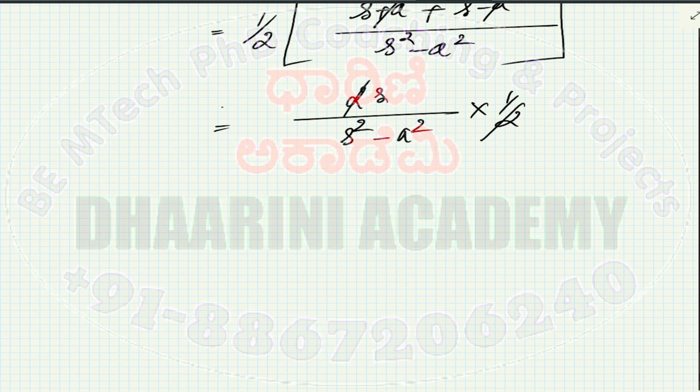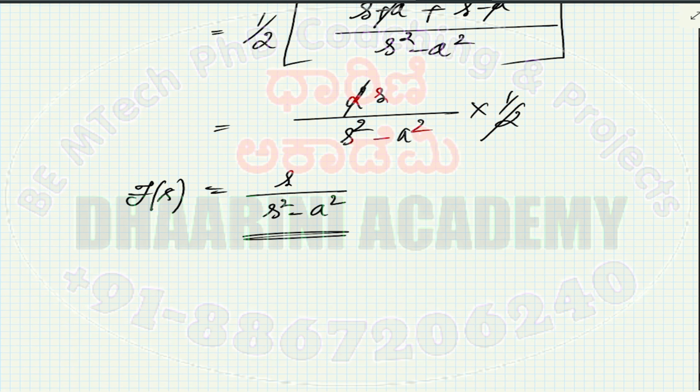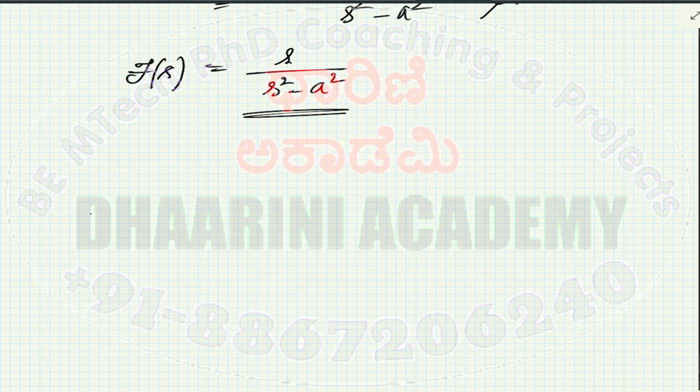All right, so that means the required Laplace transform f of s is equal to s divided by s squared minus a squared. So that's going to be the next entry in our table.